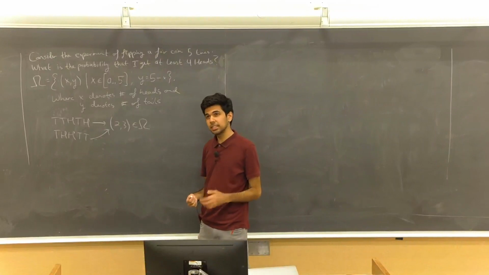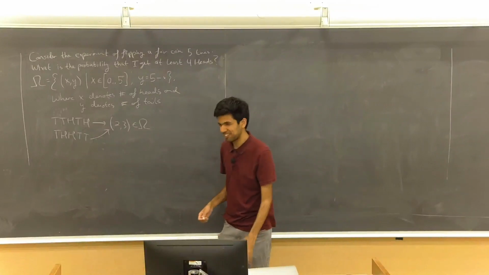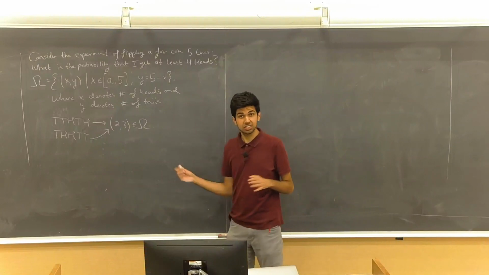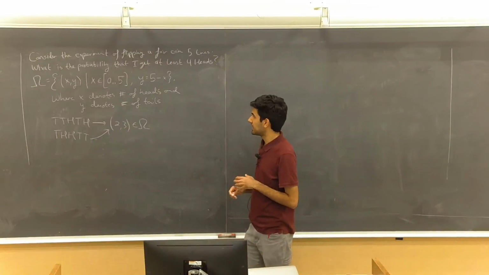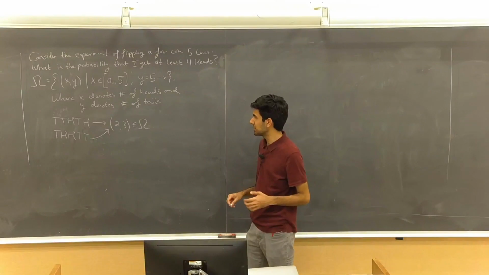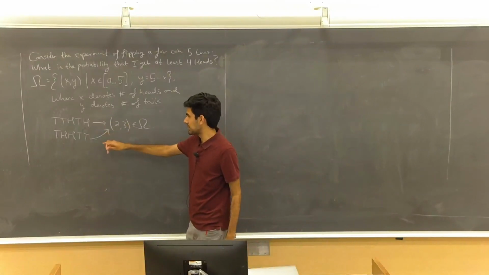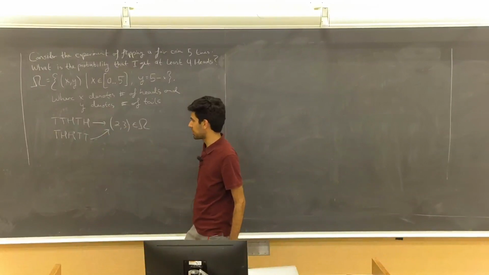However, this sample space, dude, I'm using all of the words interchangeably. This sample space is not uniform. A very quick explanation of why that's the case is we can see that already there are multiple sequences that will yield this 2, 3.